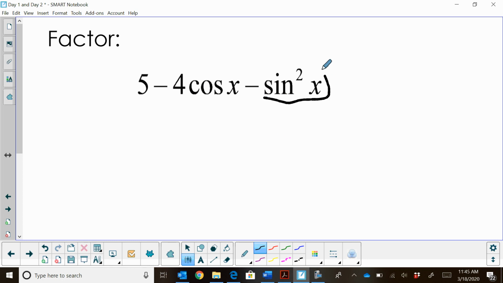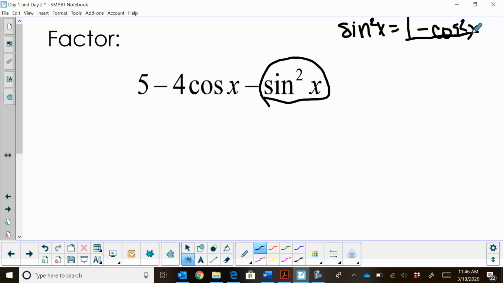So I'm going to take this sine squared, and I'm going to use a Pythagorean identity to replace that. So we know sine squared x is equal to 1 minus cosine squared x. Now, if I replace that sine squared with something in cosine, I've got them speaking to each other in the same trig function.